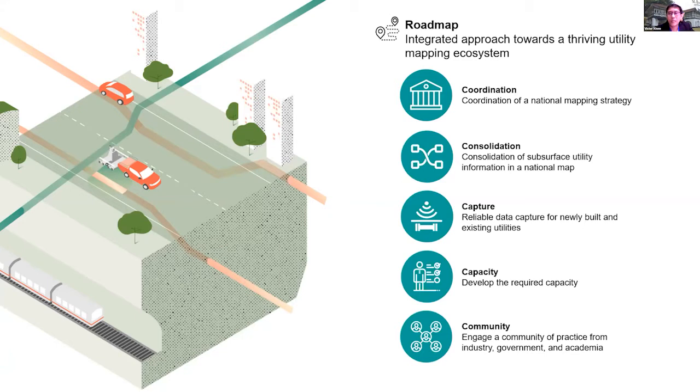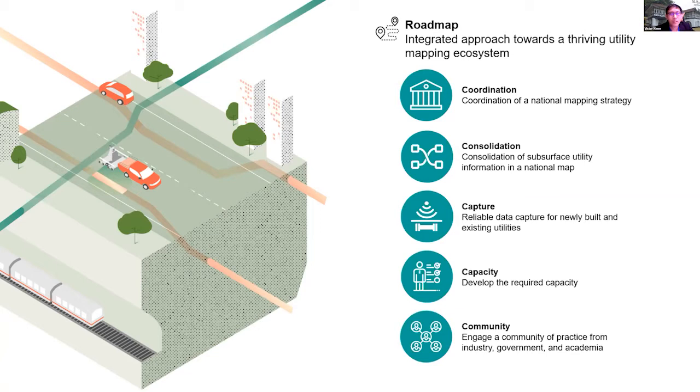So consolidation is an important aspect of the reliability that we want. The other C is about capture. The new technologies, the traditional technologies of surveying, all these are considered as long as we are able to capture the data with the accuracy that we want. The fourth C is capacity. We know that we need people who are able to do the work. So capacity building is a key element in this approach, this mapping ecosystem.